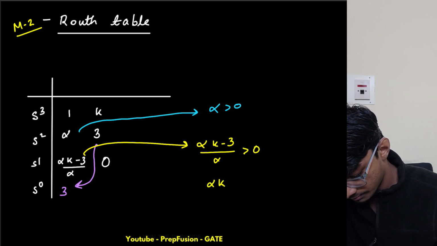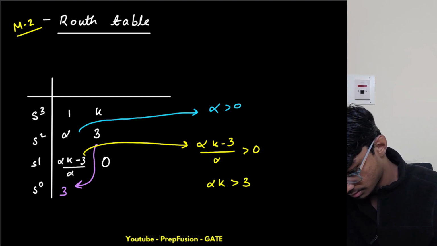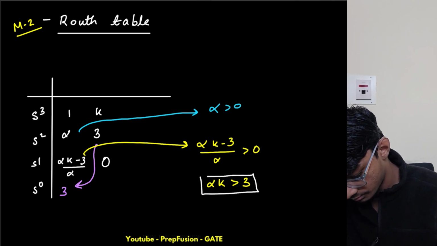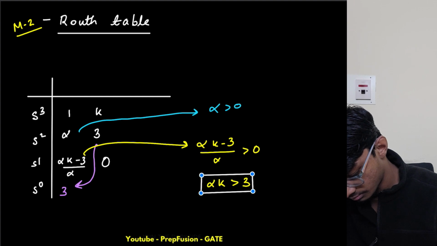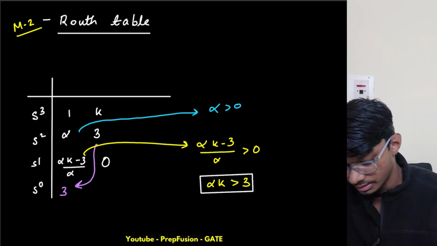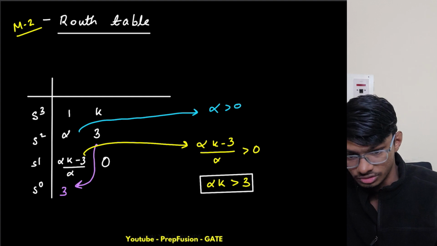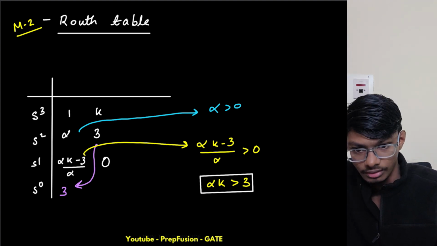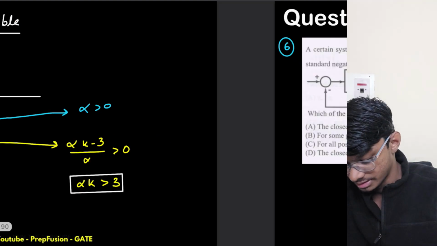So alpha k greater than 3. Okay, so this is cross verified, I'm getting the same condition again.